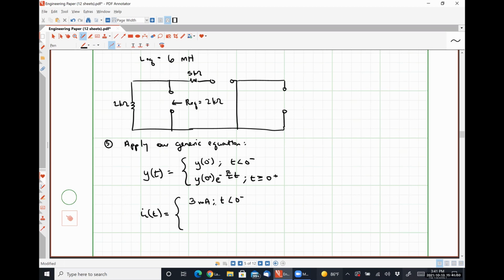Still 3 milliamps. Then we multiply it by e to the negative R, which in this case is 2 kilo ohms, divided by 6 millihenries. So what's 2 kilo ohms over 6 millihenries? It's going to be 1/3 times 10 to the 6th.